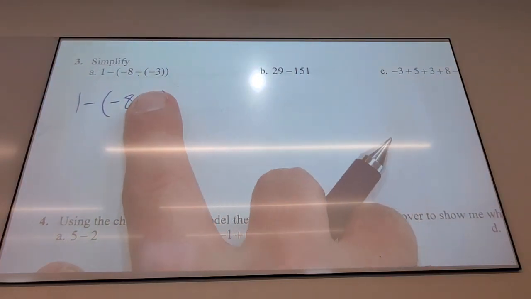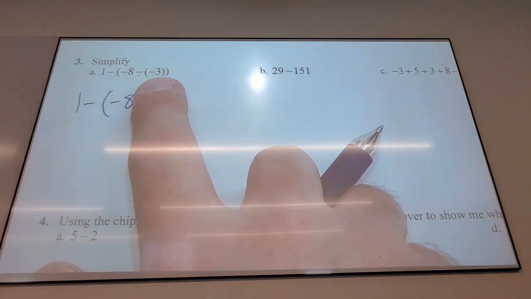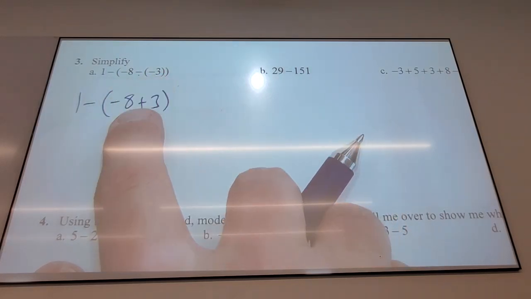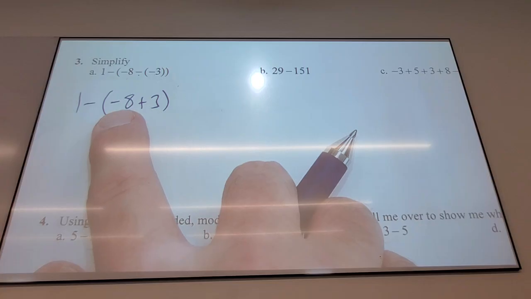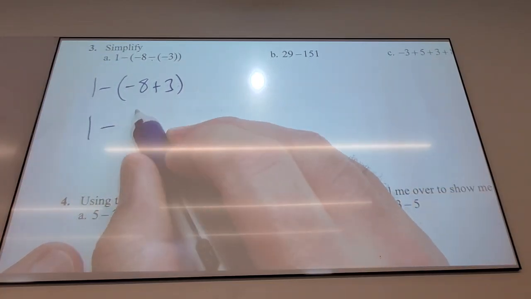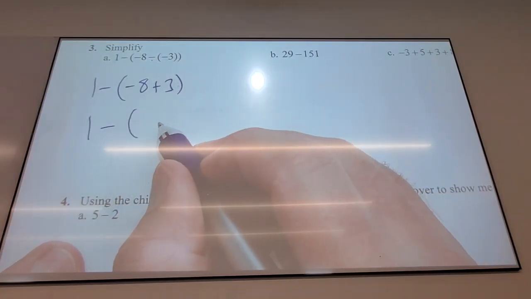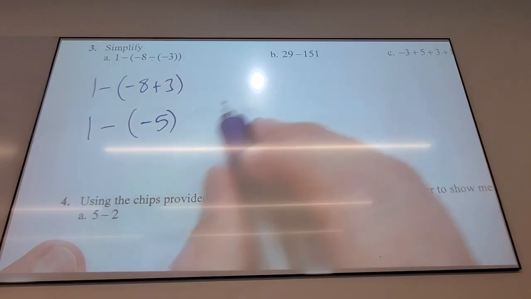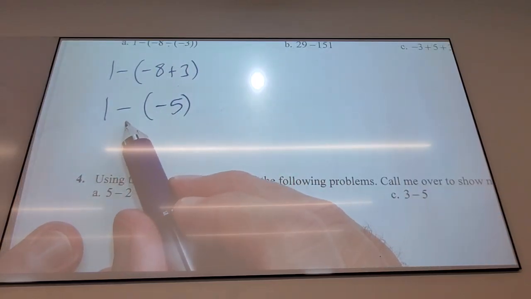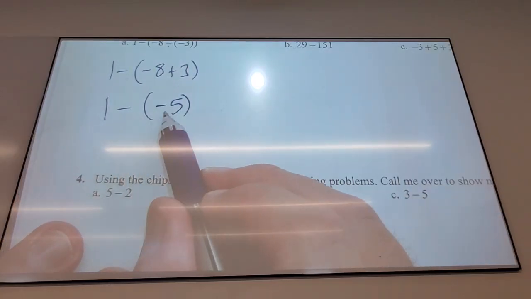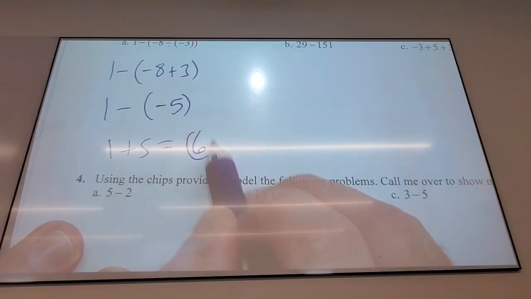I'm doing the parentheses first. In the parentheses, minus and negative is plus. And what's negative 8 plus 3? Negative 5. And then we use the same thing again. 1 plus 5. Minus and negative is plus 6.